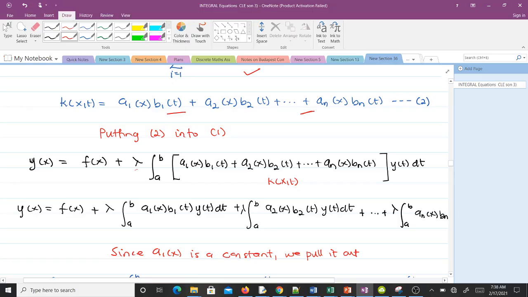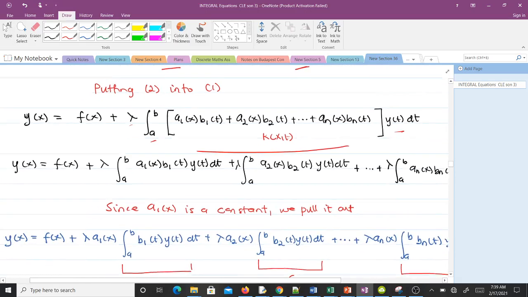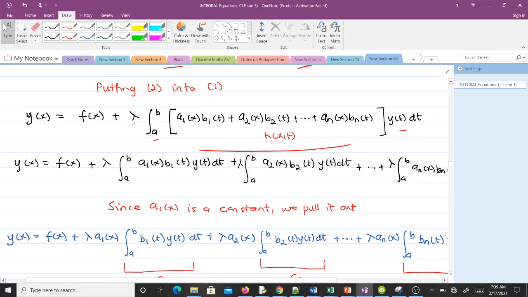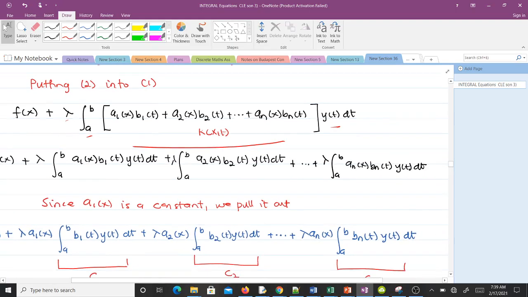After that we can expand, because the whole of this multiplies what we have inside. Expanding gives us y of x equals f of x plus lambda integral from a to b, a1 of x, b1 of t, y of t dt, plus this up to what we have as our nth term here.